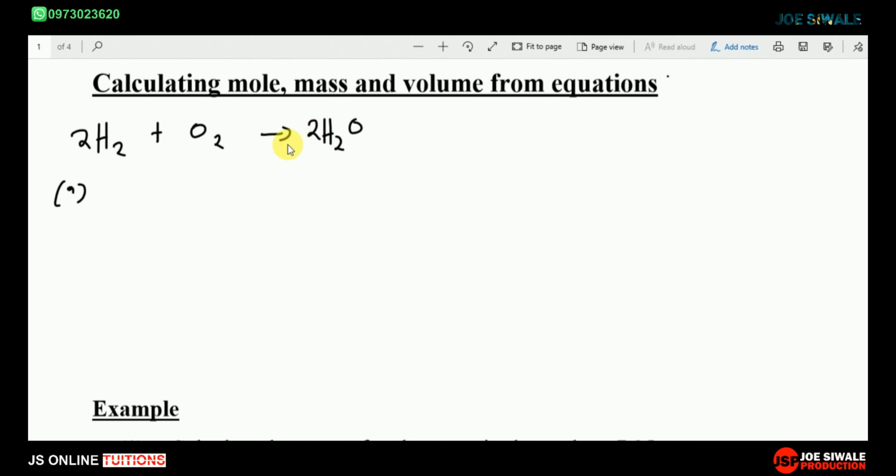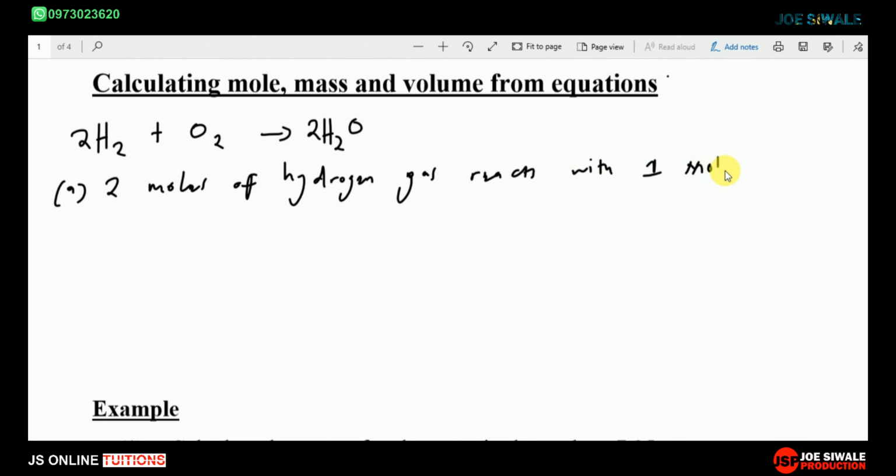So we can write that down. 2 moles of hydrogen gas reacts with 1 mole of oxygen gas to produce 2 moles of water.